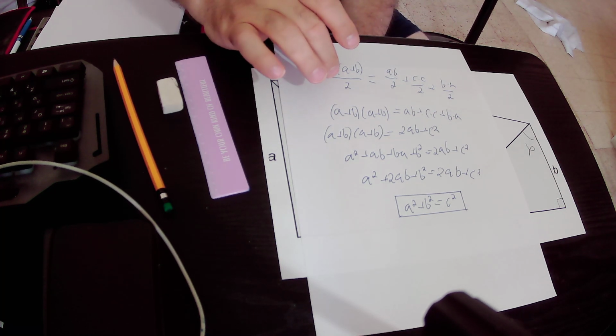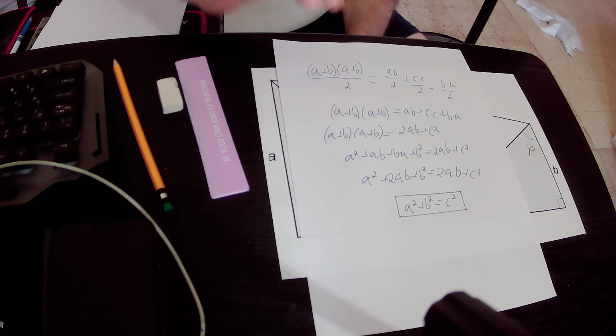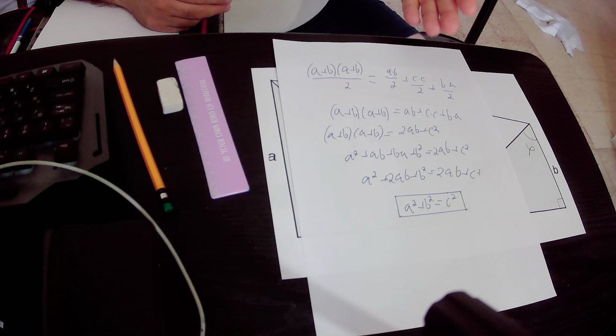So we multiplied it by 2. We developed this equation, that expression 1 equals expression 2, because it is the area of the trapeze calculated in two different ways. It is the same area, and that is the reason that expression 1 equals expression 2.